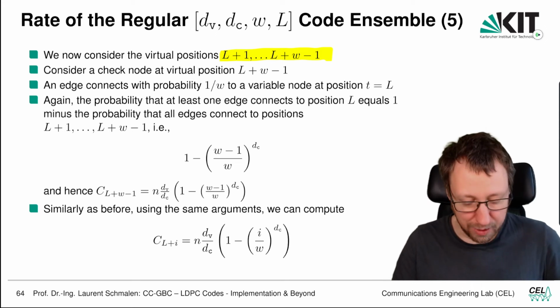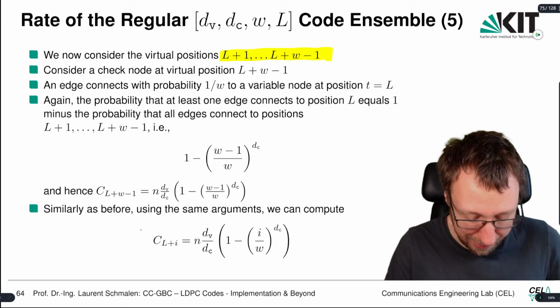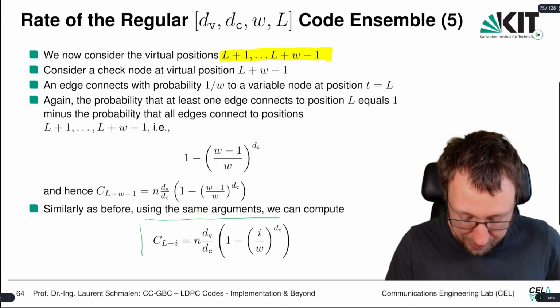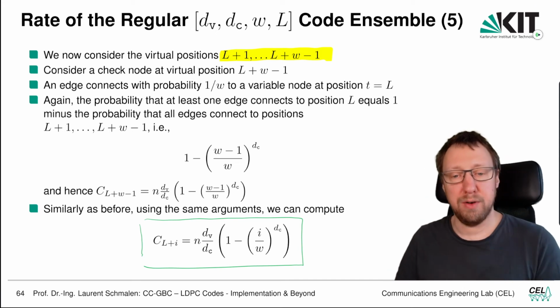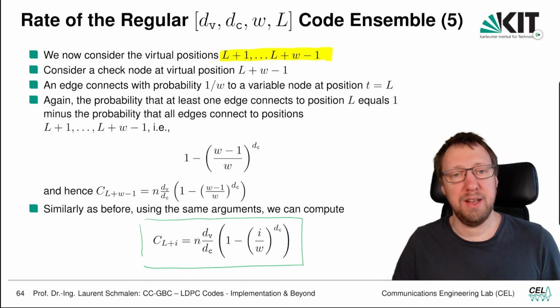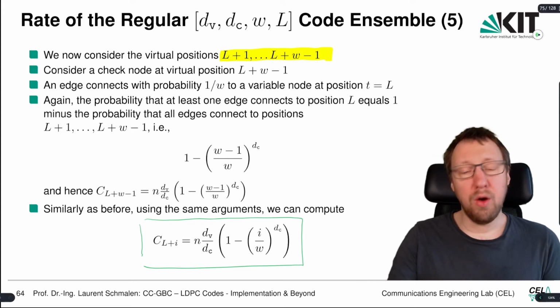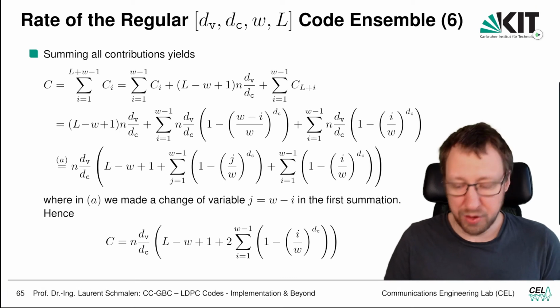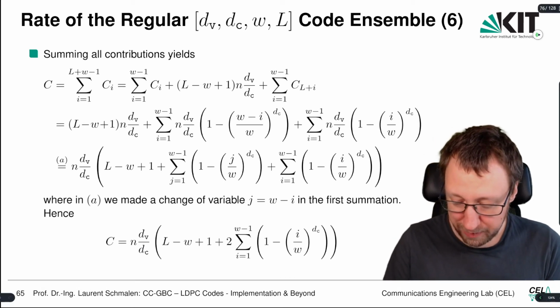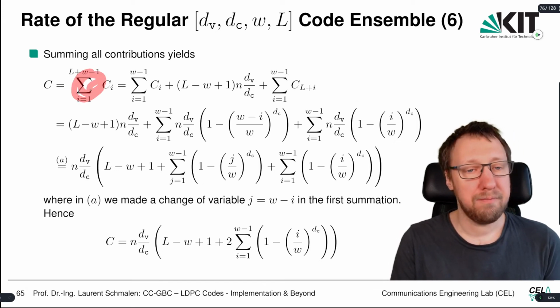Using the very same argument as before, we can say that C of L plus i is given by this expression: 1 minus (i over W) to the power dc, times n times dv over dc. Okay, so now we have everything. We can put everything together. So the total number of expected check nodes is the sum of all Ci.